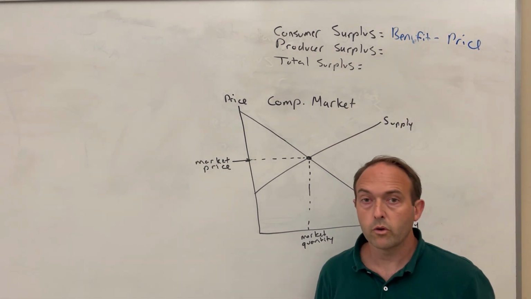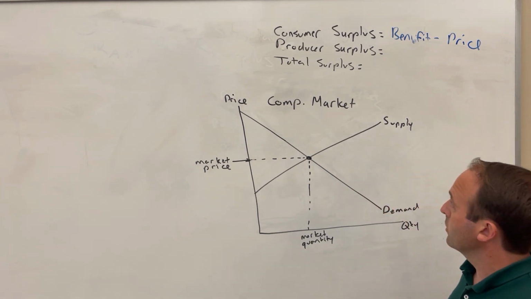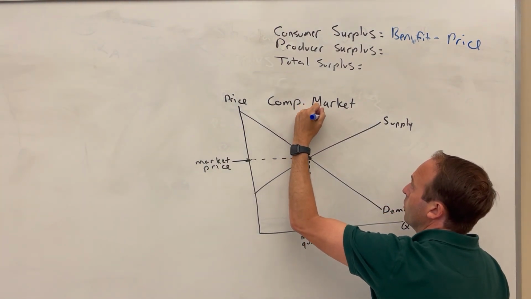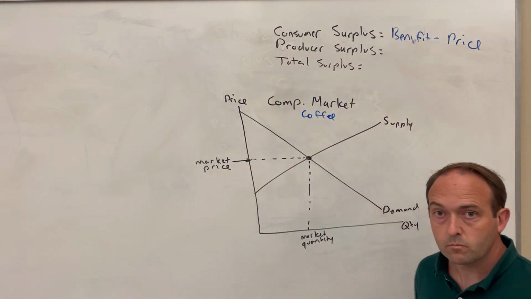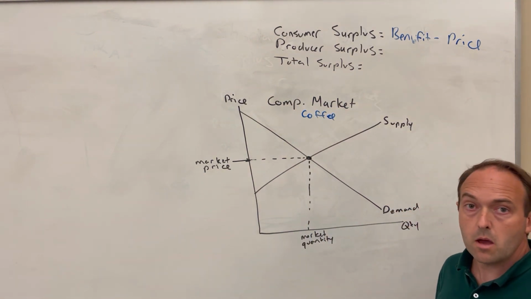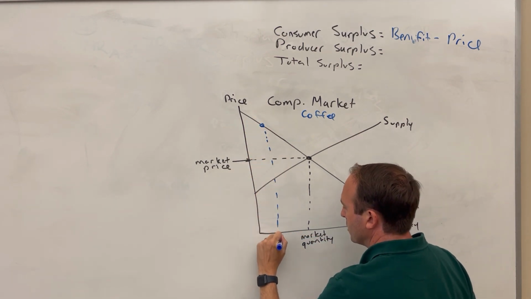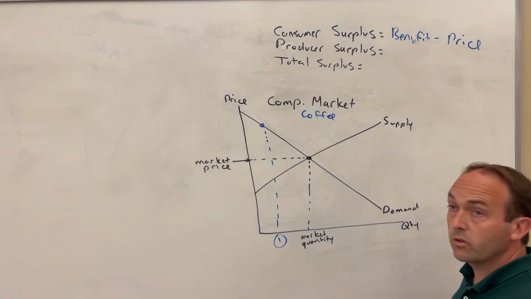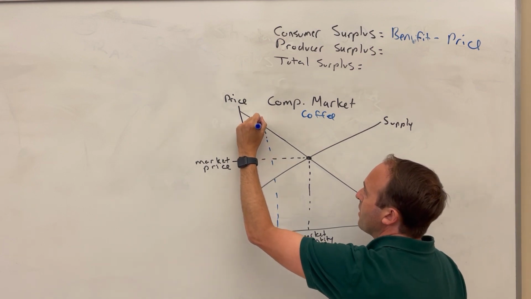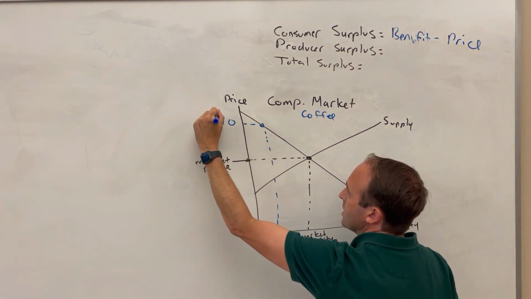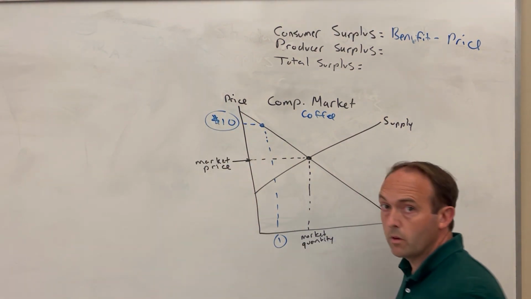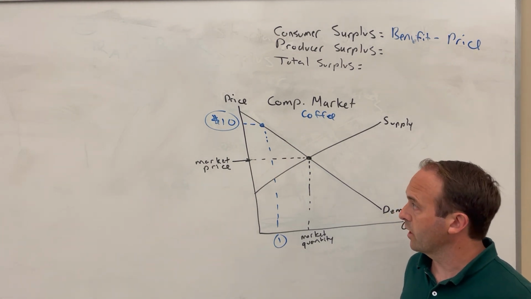Okay. So for example, let's say this competitive market is for cups of coffee, right? And in that market, the first cup of coffee purchased, based on our demand function, maybe somebody values that at $10. But they don't pay $10 for that cup of coffee.